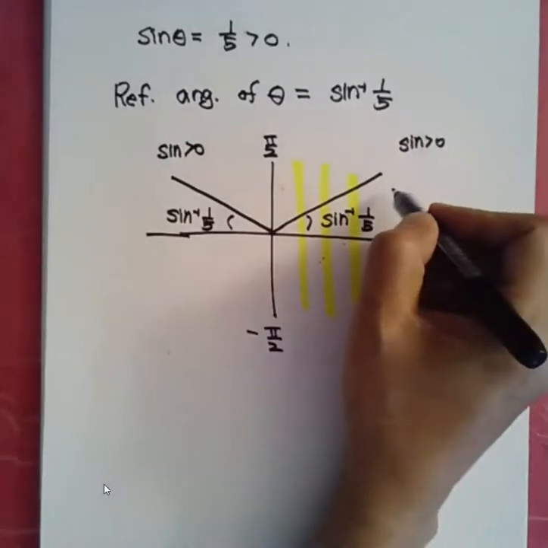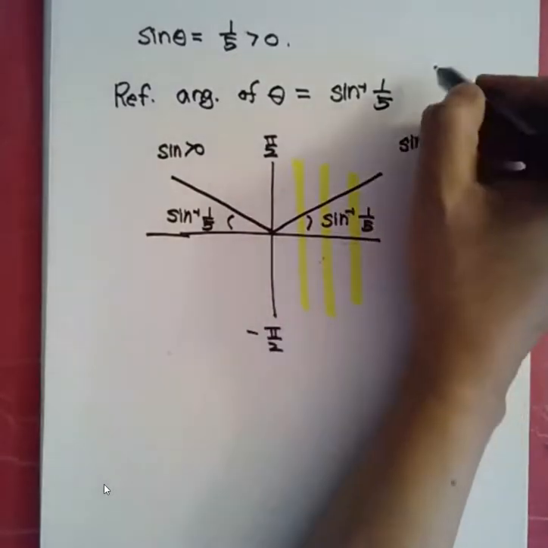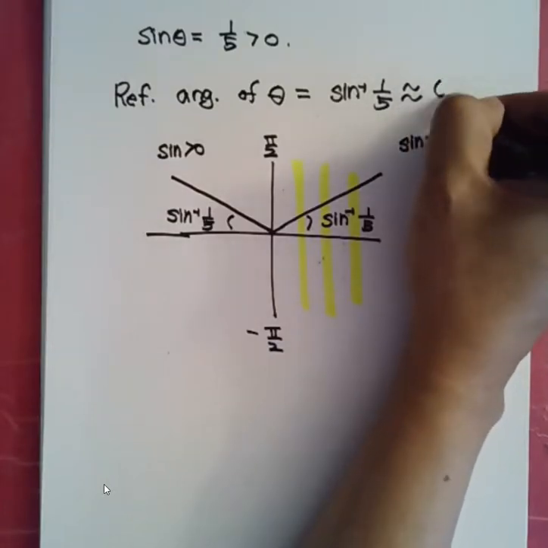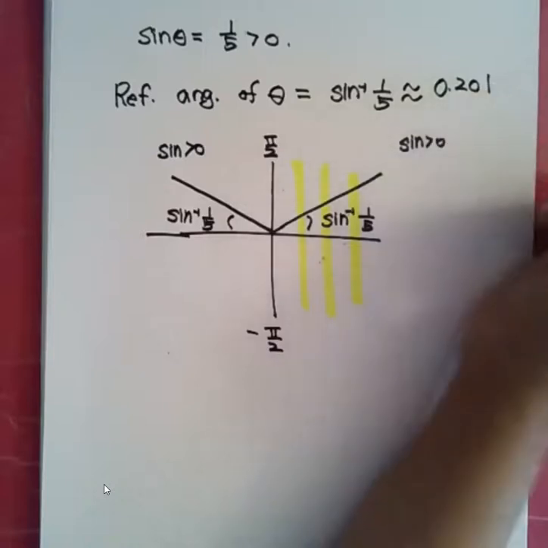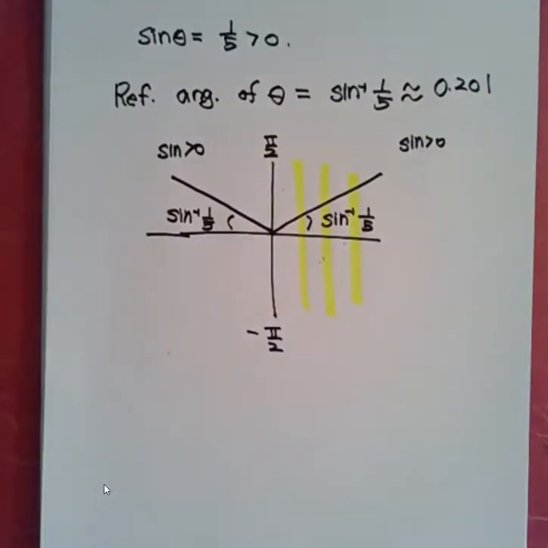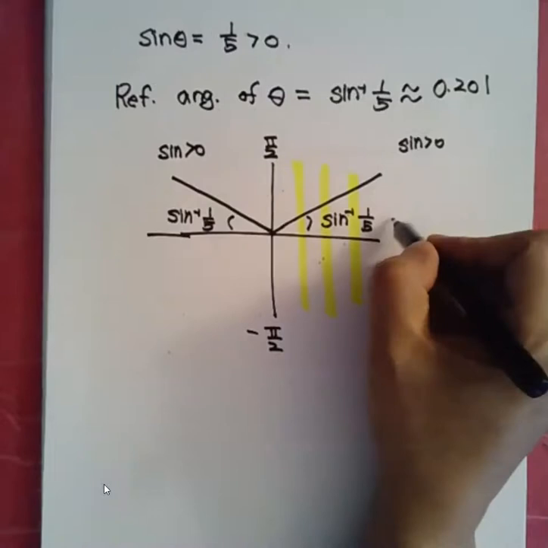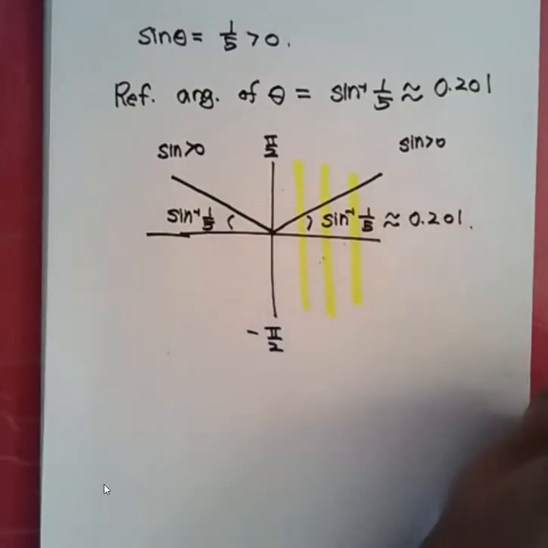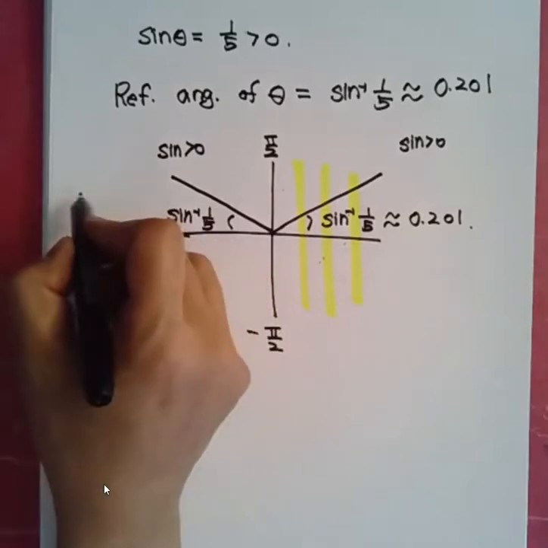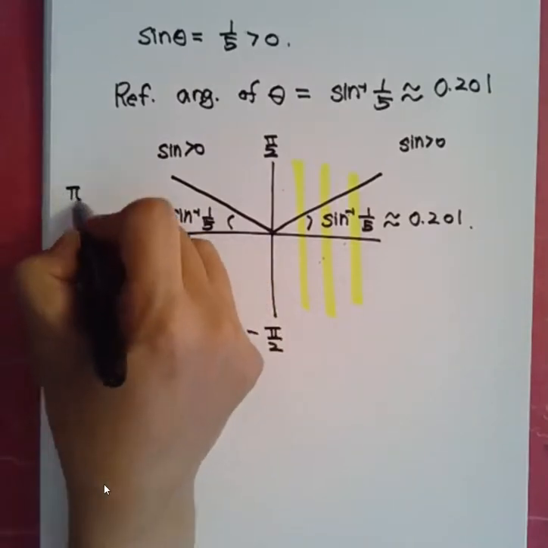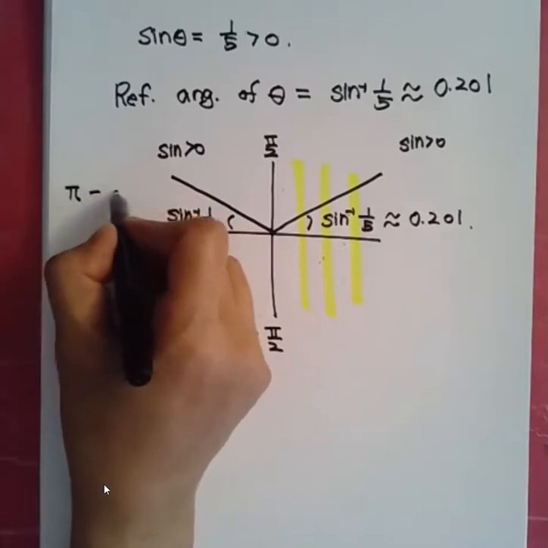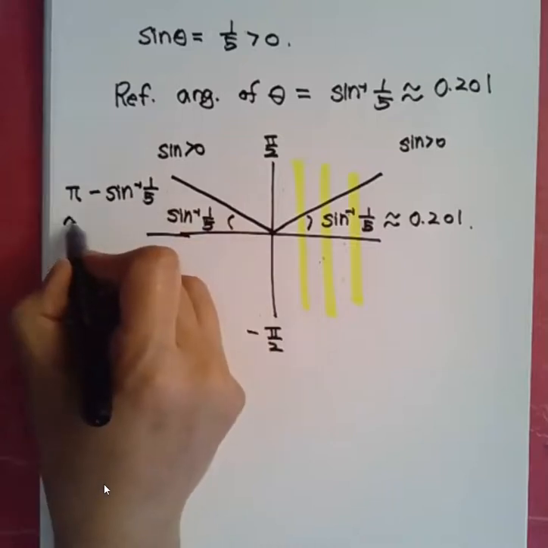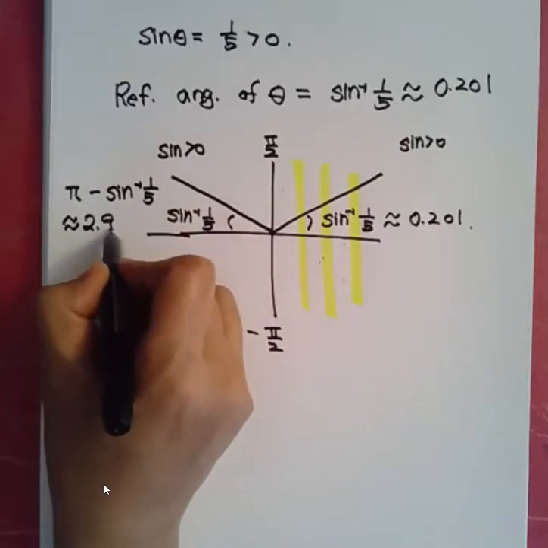So if you use your calculator, then it will give you approximately 0.201 because we have to round to 3 decimal places. So for this one it is 0.201, and for this one you have to subtract: pi minus sine inverse of 1/5 is approximately 2.940.